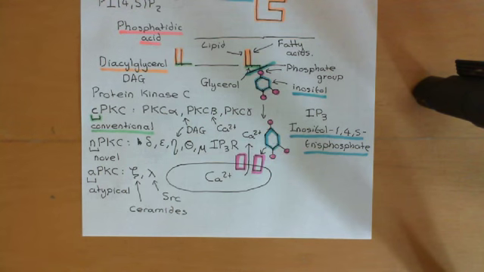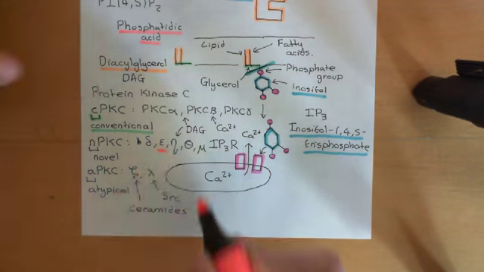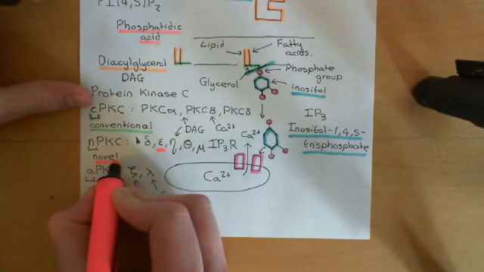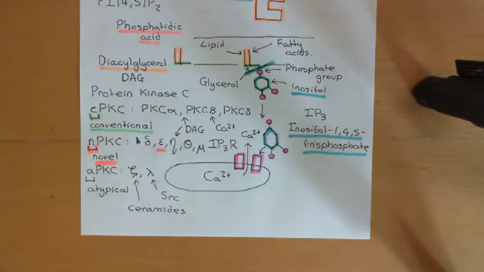So the protein kinase C enzyme that's going to be important to us is protein kinase C epsilon, which is one of these novel protein kinases, not one of the conventional protein kinases. It's this one that we believe is responsible for phosphorylating TRPV1 channels, and this is going to be activated by diacylglycerol alone.